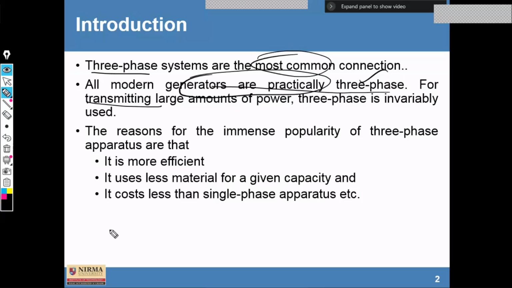Most of the industries need a three-phase power supply because the various equipment is designed based on the three-phase system, except our domestic equipment like fan and tube light, which use a single phase supply.